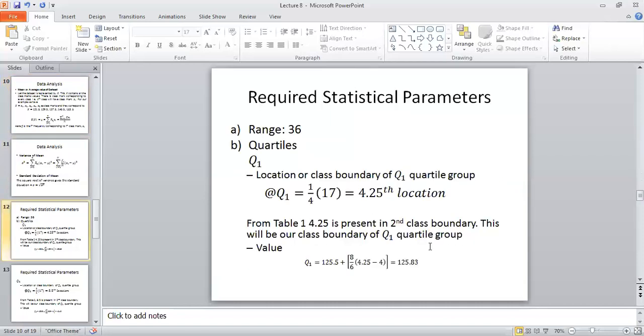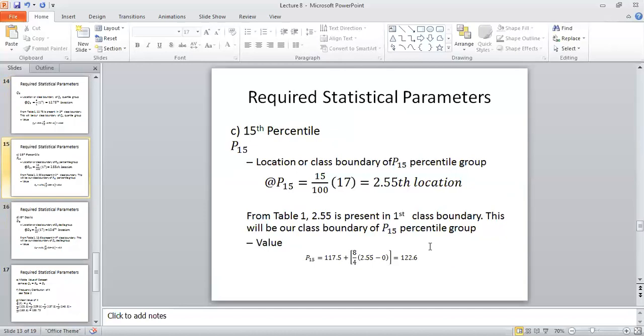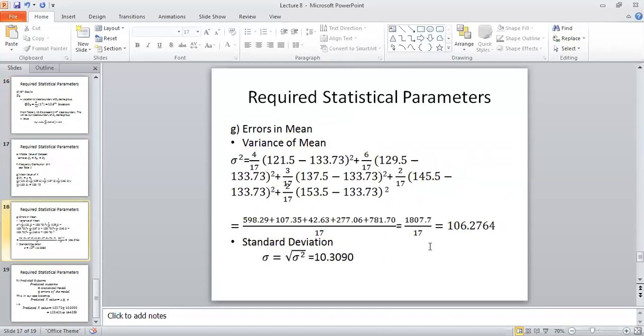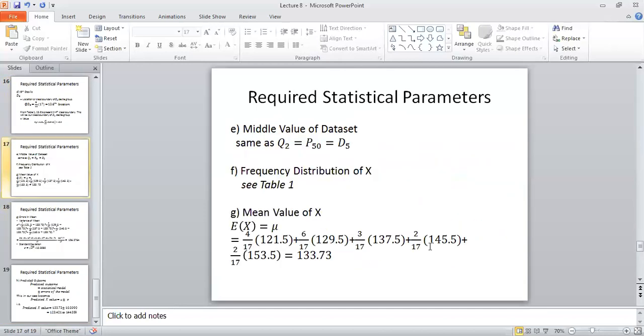So the calculation of this mean value, let's first see this, then we'll proceed to the other statistics. Over here we can see that the mean value of x can be found using this equation. 4 upon 17 is the probability for the first class mark, multiplied by the value of the class mark, then 6 upon 17 is the probability of the second class mark, multiplied by this class mark, and so on till we get a value which is 133.73.